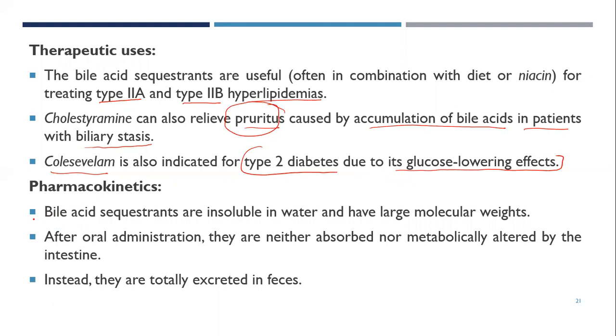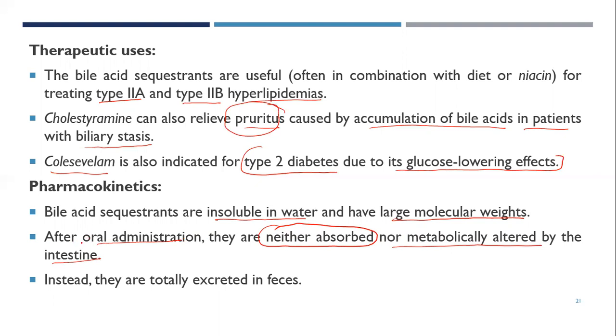Okay, so the bile acid sequestrants, they are insoluble in water and they have large molecular weights. After oral administration, they are neither absorbed, and this is very important, nor metabolically altered by the intestine. So they remain as such.